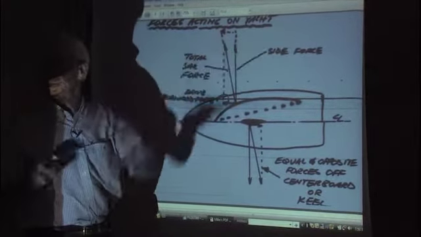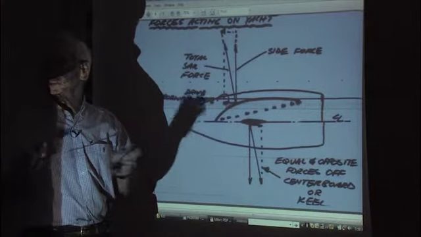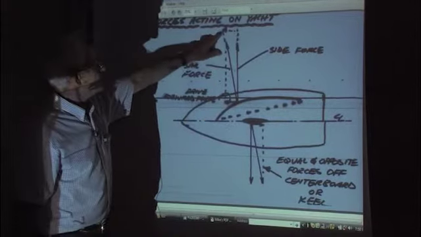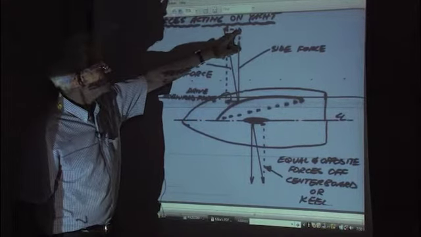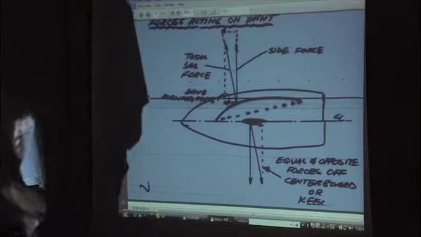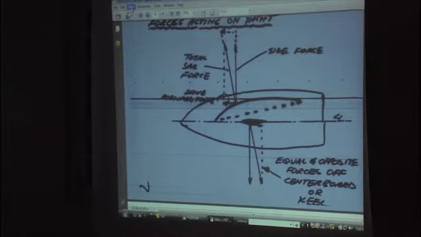The boat's sitting there, no drag. As soon as it starts to move, drag starts to build up. As soon as the drag equals this driving force, the forces are in equilibrium. And Newton says if forces are in equilibrium, the boat moves at a constant speed or stays stationary.